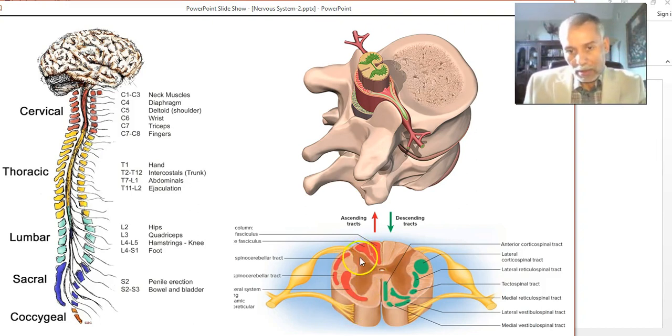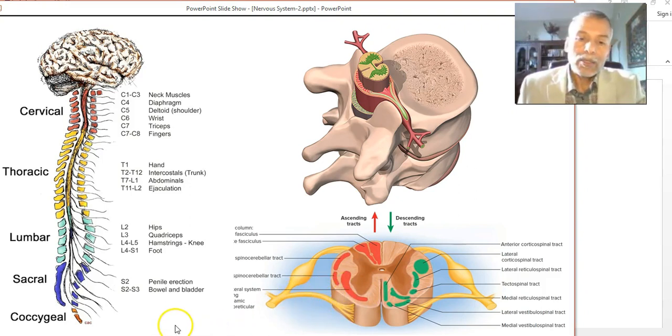The sensory information of your knee tendon being hit immediately sends the sensation here, and that is connected with the motor component on the other side, and that goes down to the muscles of your legs to move your knee up.